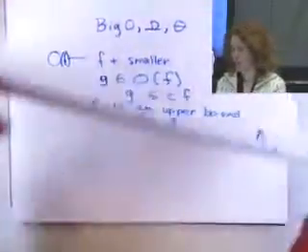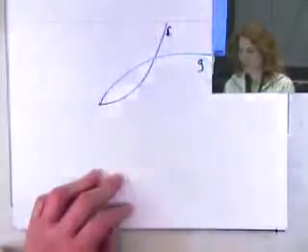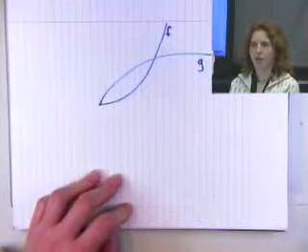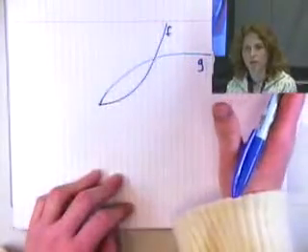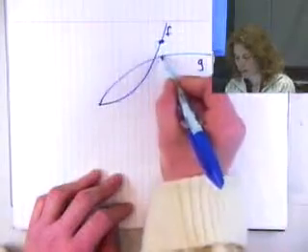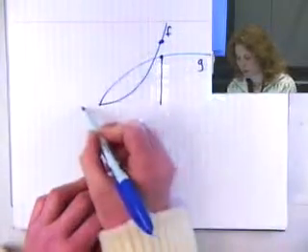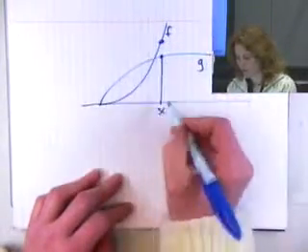Okay, if I have two functions like this, which one's bigger? F is bigger because out at infinity, F is going to be way higher. It's actually already higher right here. If I pick one value of x, here F is bigger.